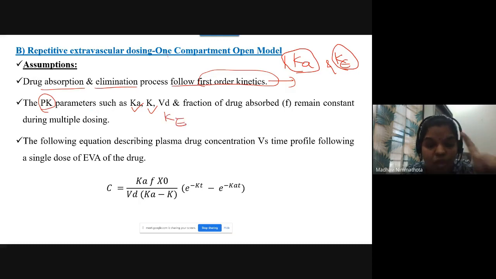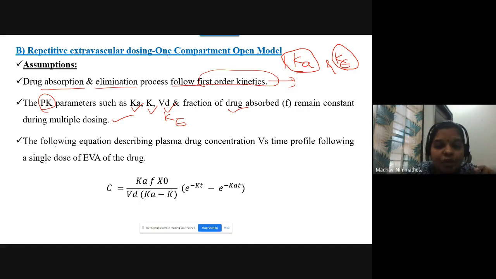Just remember it: wherever capital K is available in your textbooks, that is nothing but Ke, the elimination rate constant. And Vd, volume of drug distribution, and the fraction of drug absorbed, that is small f, remain constant during multiple dosing. So these four parameters remain constant during these multiple doses.